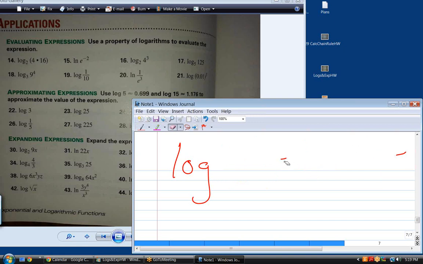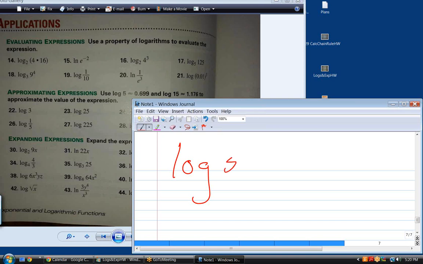How can I write log of 25 in some manner where I'm going to end up using the log of 5 or the log of 15? You could do log 15 plus log 5 plus log 5. No. Those would have to add up.